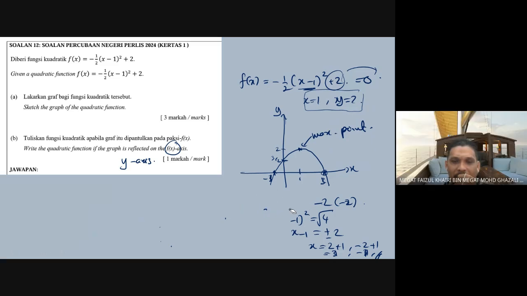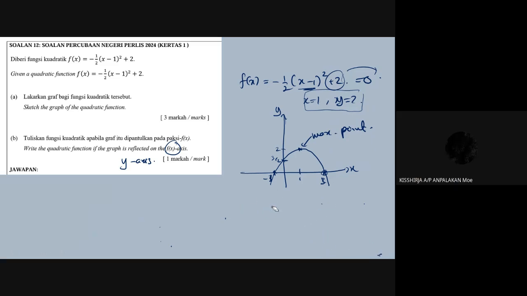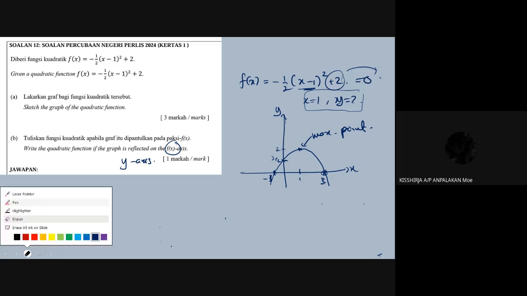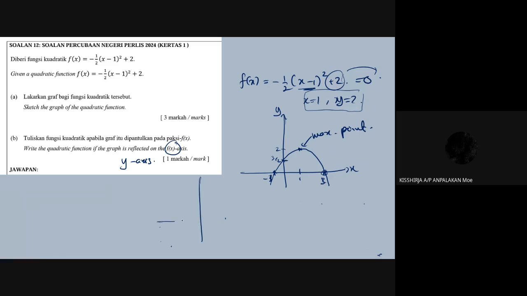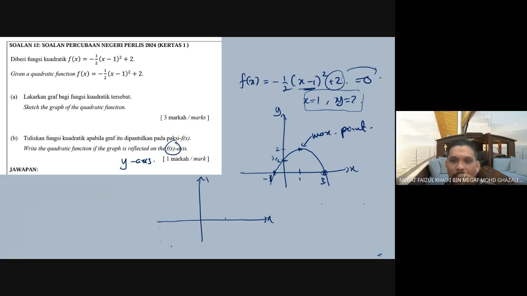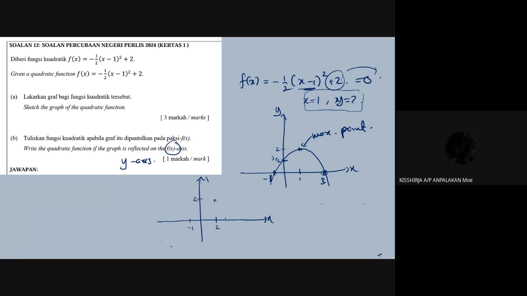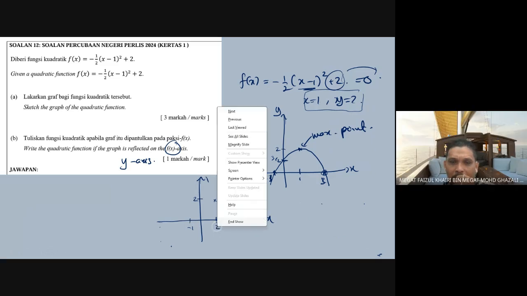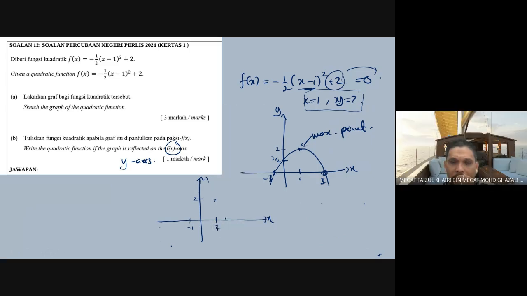If the graph reflects at the y-axis, the maximum point 1 and 2 turns into negative 1 and 2. And then the point of negative 1 turns into 1 and 3 turns to negative 3.